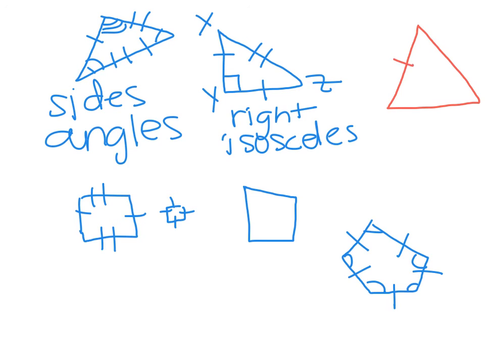Equilateral means that all sides are the same, so you would indicate it with one mark on each side, which also means that all of those angles are the same, so you would show that as well. And remember, it'll probably say something like, draw a triangle ABC that is equilateral. So make sure that you label those vertices.